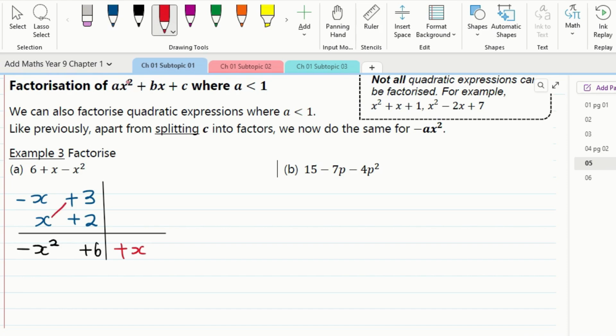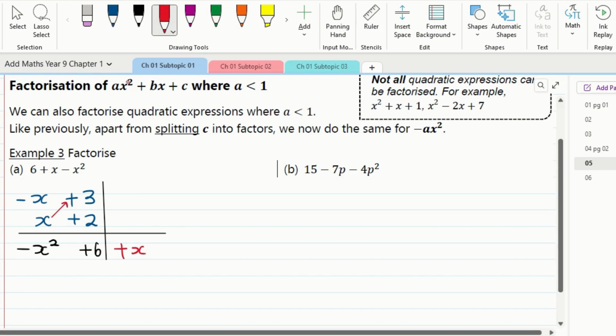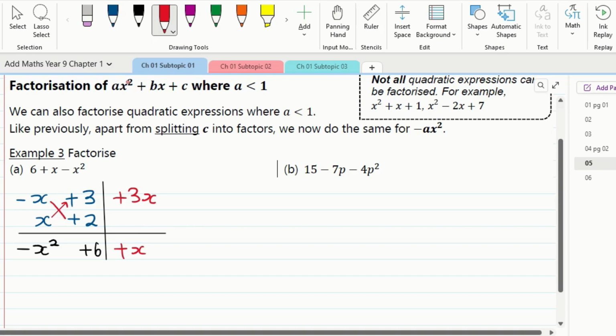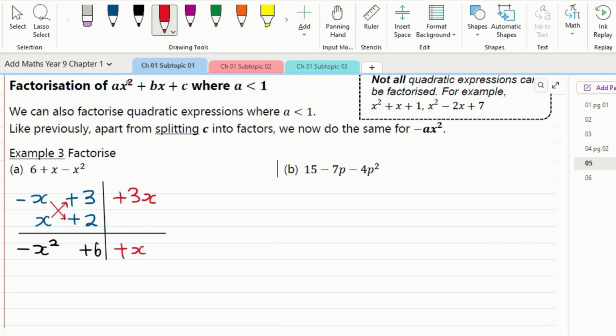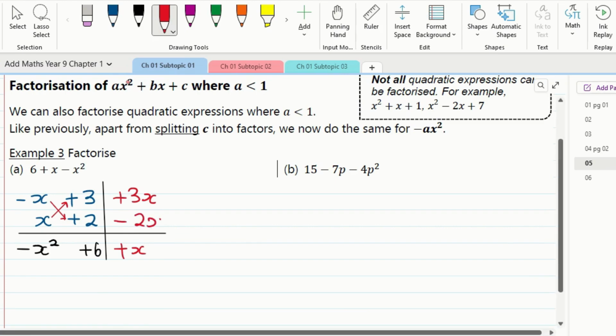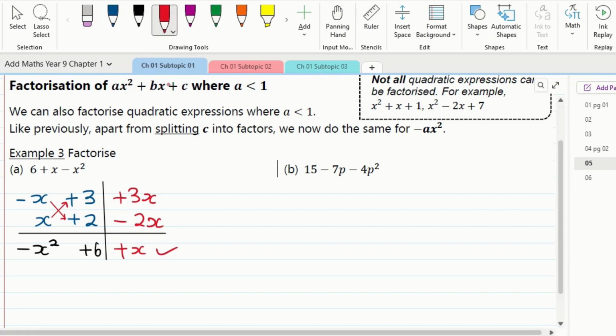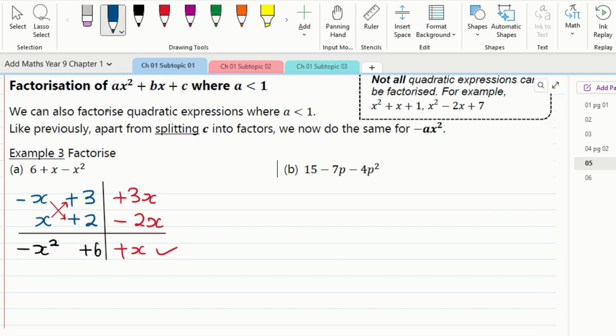Okay, let's try it out first and check. So here, if you cross multiply x times positive 3 is going to be plus 3x. And then as for the second term, negative x times positive 2 is going to be minus 2x. So here, in this part, let's check it again. Is this correct? Yes, this is correct. So which means you can take the factor from this part, and reminder again, you have to take it horizontally.